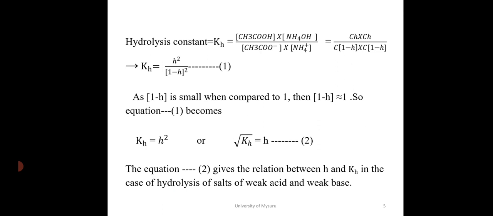As 1 minus h is small when compared to 1, 1 minus h is nearly equal to 1. So equation 1 becomes Kh is equal to h square, or square root of Kh is equal to h. Call this equation 2. Equation 2 gives the relation between h and Kh in the case of hydrolysis of salts of weak acid and weak base.